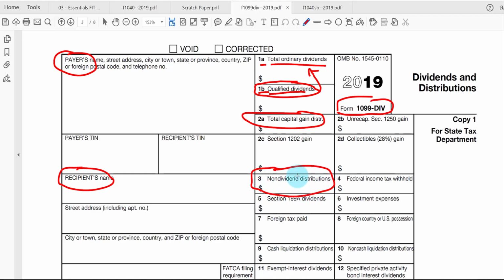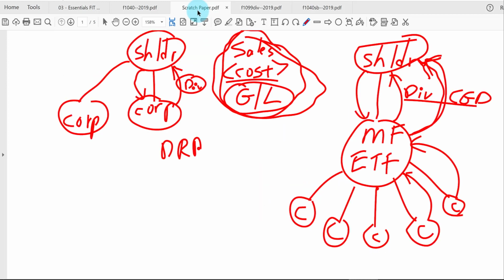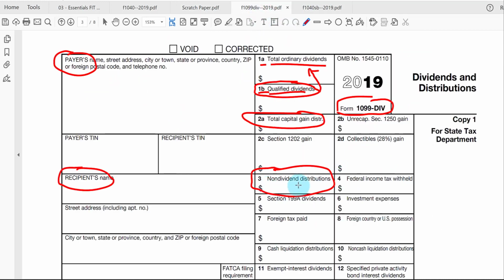It's just recovering the cost they had invested. Let's again go back to the scratch paper here. This cost right here. And once you use up all the costs, that leaves less or zero cost when you make a sale. But that would be tax-free if you still have costs being recovered in this non-dividend distribution. So I think that's the most common boxes used on this 1099 DIV form.